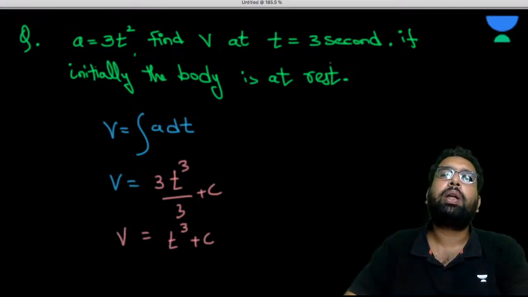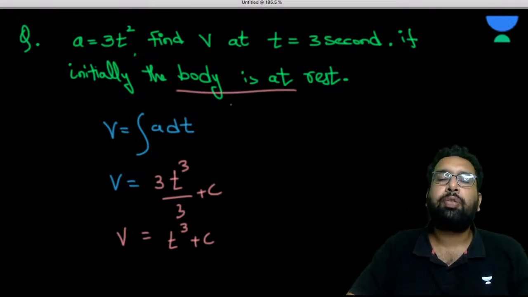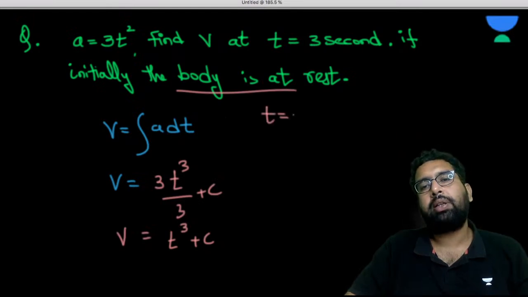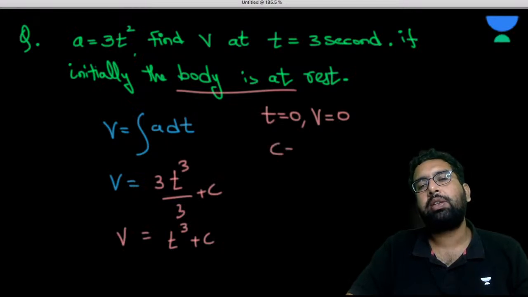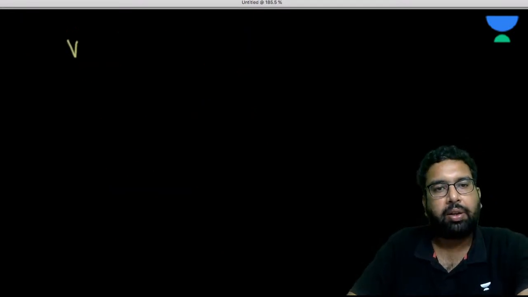Now when we put this information, that initially the body is at rest, that is t is equal to 0, at t is equal to 0, v is also 0. So if we put t is equal to 0, v is equal to 0, that means c is also equal to 0. So we can write v is equal to t cube because c is equal to 0.